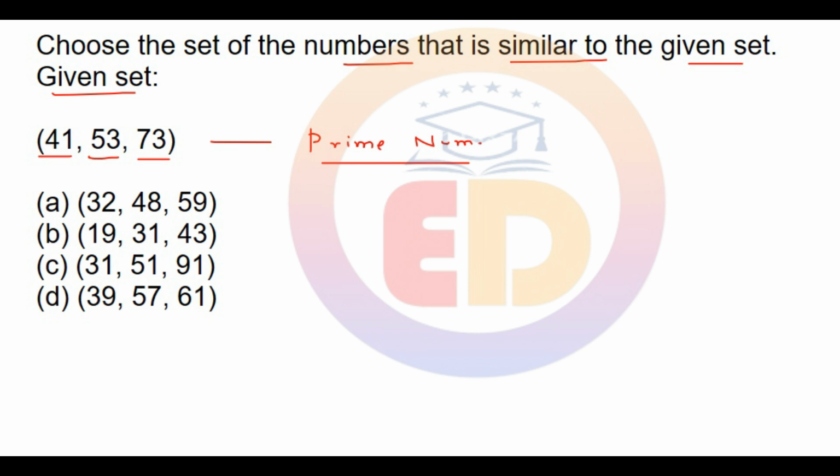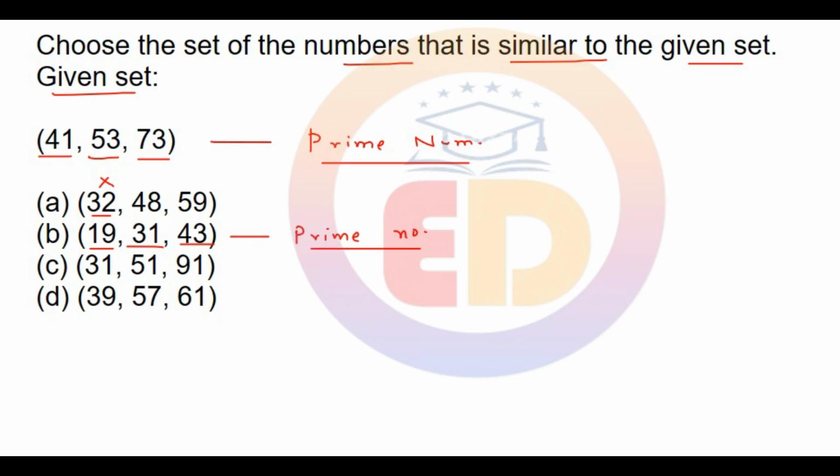So here we have to find out which of these four options has a set of all three prime numbers. Option number A has 32. It is not a prime number, it is a composite number. Option number B, 19 is a prime number, 31 is a prime number, 43 is a prime number. So here in option number B, all the three numbers are prime numbers.